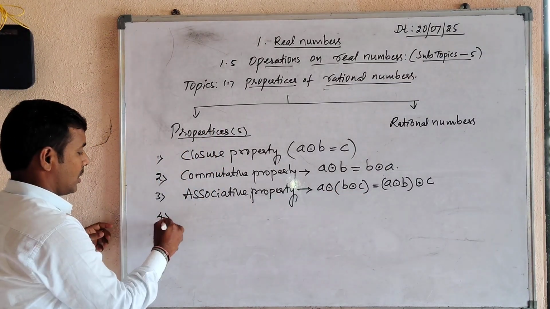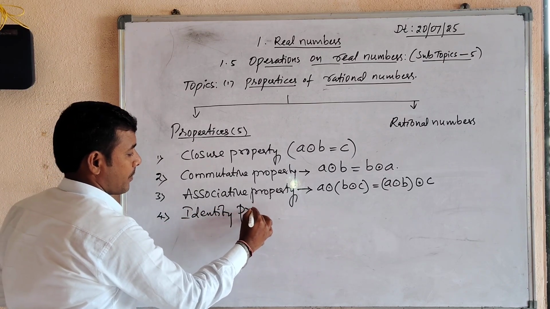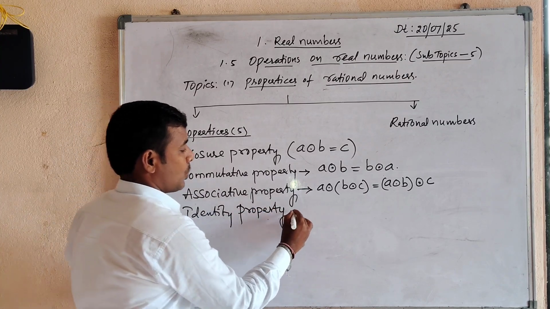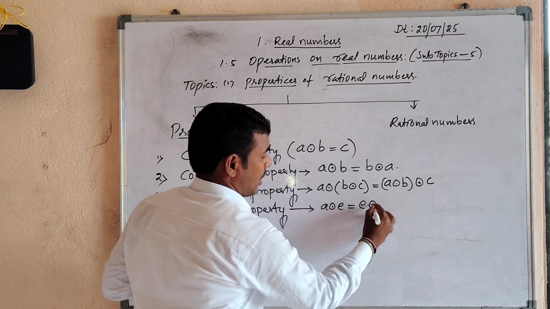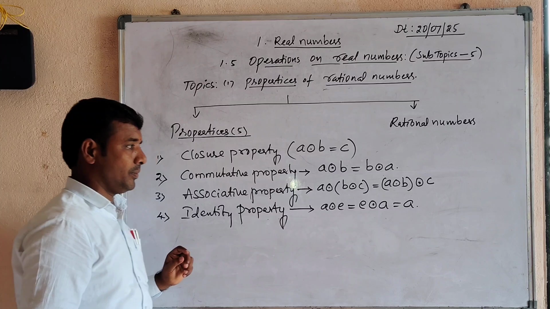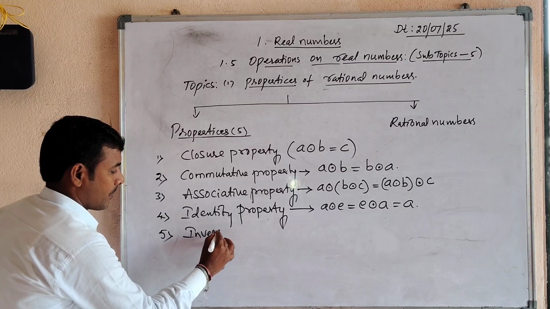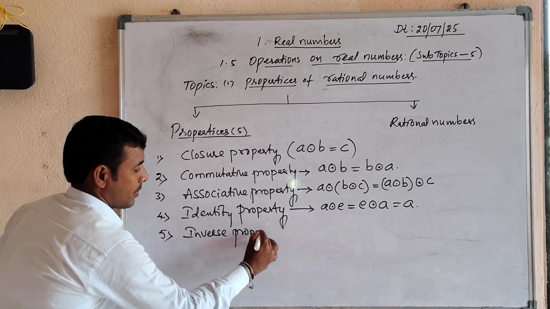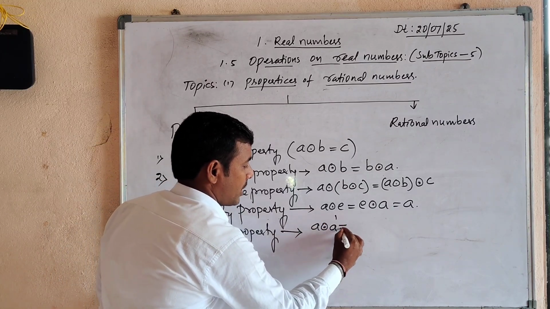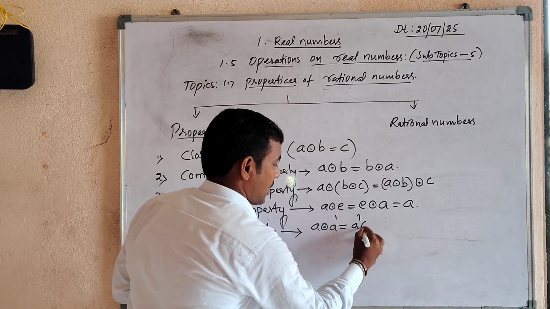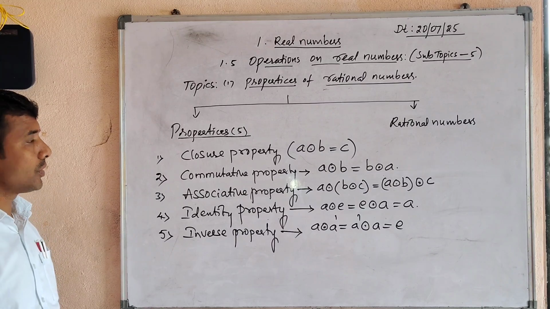Now let us go to the fourth, the identity property. Its fundamental rule is A ∘ E = E ∘ A = A. Now the last one, the inverse property. Its rule is A ∘ A complement = A complement ∘ A = E. I think that is understood.